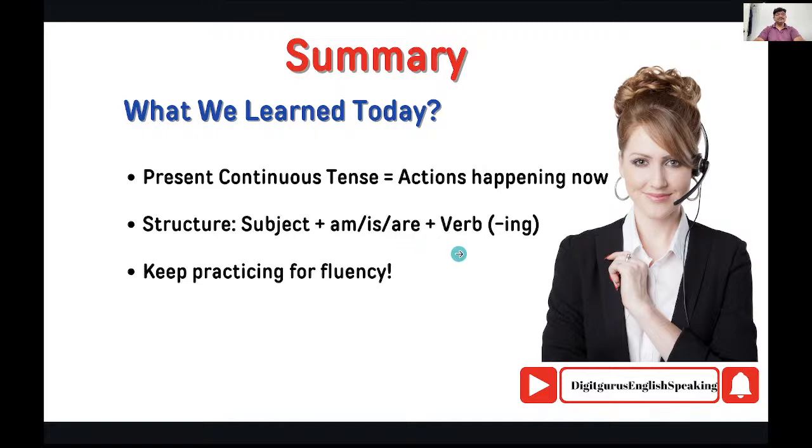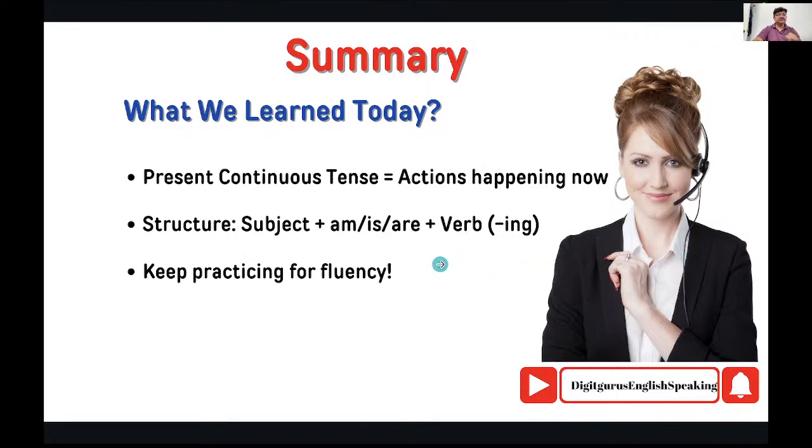After that, verb plus ing. Ing is the suffix you need to use for the main verb to make this sentence of present continuous tense. Okay, so subject plus helping verb and the main verb ending with ing.